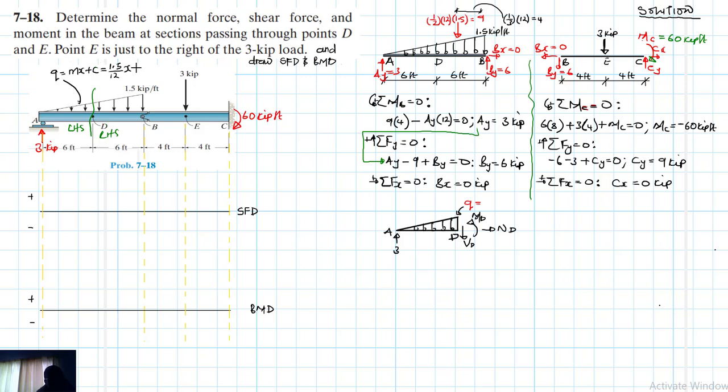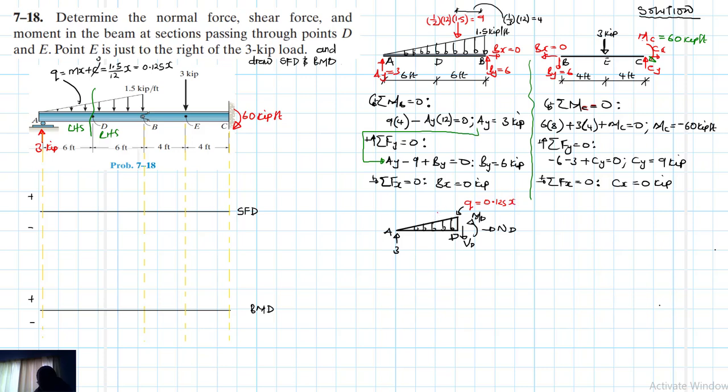We are starting from 0. So if we were to divide it, it gives us 0.125x. Okay, 1.5 divided by 12. All right, so that is the function of x, which is our q here.